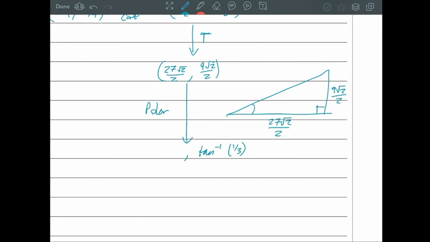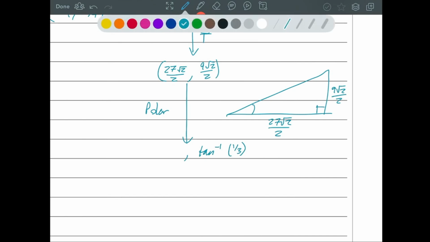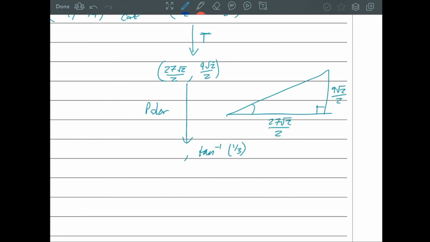Oh, so is that going to be... I'm going to have to actually do some work to get to this. I've also changed the pen colour at some point. So they've both got a common factor of 9 root 2 over 2. So I can pull that out, and then I'm left with 3 squared plus 1 squared, which is just a 10, a root 10. This is a problem for not finding my calculator before I started. That's going to be 9 root 5.